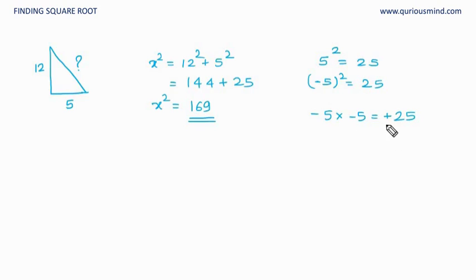So it is plus 25. So the square root of 25 can be either plus 5 or minus 5. But in our chapter here, we are going to only look at the positive square roots. We are not going to look at the negative square root. And for that, we write the square root of 169 is equal to, let's say, 13, plus 13, not minus 13. And we'll see how we find this.